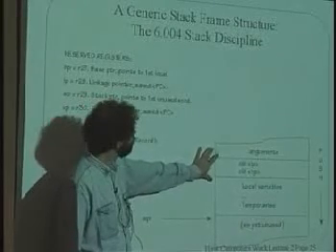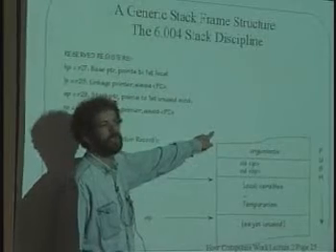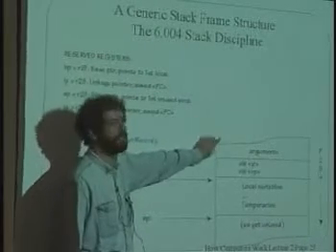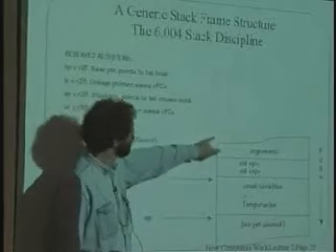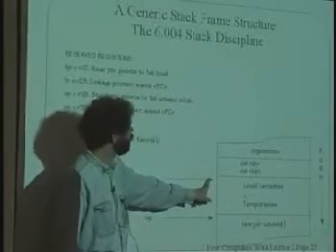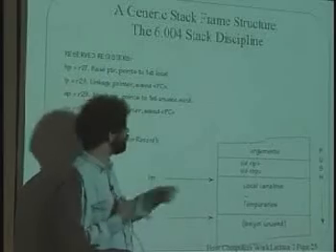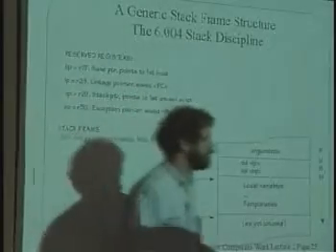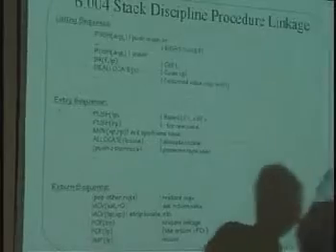And then the question is, how many more will I do backing up to get to the nth one? It's okay if I don't know how long this is, as long as I know how to get to the first one. If I pushed them on the other way, 1, 2, 3, 4, 5, up to n, I would have no way of knowing, as the called function, how far back to go to get to the first one. So anyway, that's the reason for putting them on in reverse order.